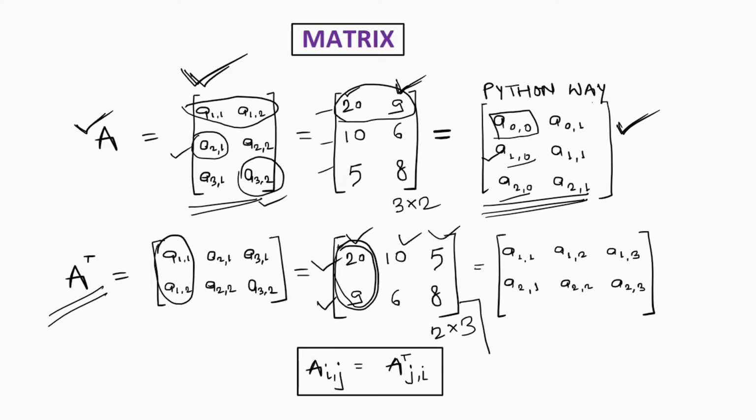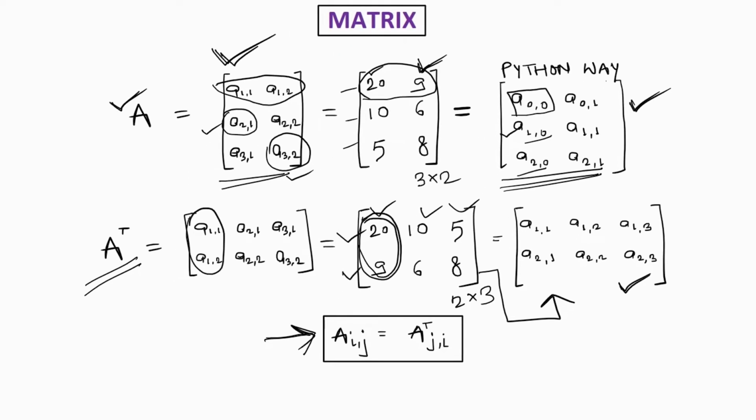Therefore, the indexing of the transpose matrix will be changed something like this. So you can pause the video and have a look at this and it will make more sense to you. And this point is explaining how an element changes its position in a matrix after taking its transpose. Maybe in this notation it is not looking that simplified, but let's say that an element in the matrix A is situated at the location third row and first column.